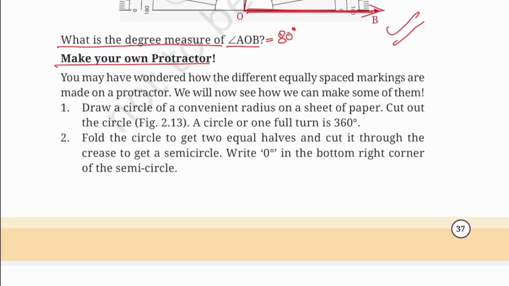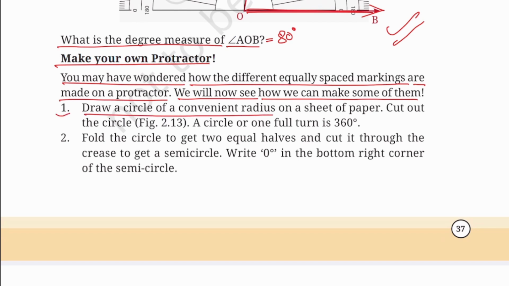Make your own protractor. You may have wondered how the different equally spaced markings are made on a protractor. We will now see how we can make some of them. 1. Draw a circle of a convenient radius on a sheet of paper. Cut out the circle. Figure 2.13.